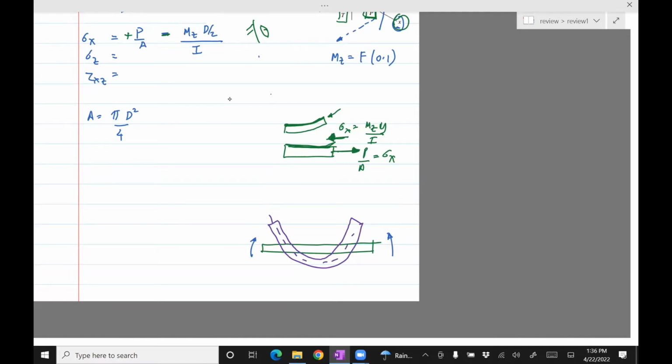This is exaggerated, but here you'll see that this length is shorter, this length is longer, and the length which does not change is the one in the middle. So the stress in the middle is 0. This is compression. This is tension.